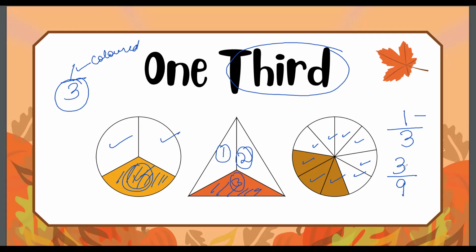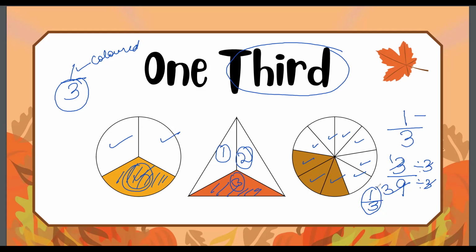You need to understand the concept of simplification: if we have numbers which can be divided, just like in the times table of 3 you get 9 as well, you can divide both numbers by the same number in order to get 1/3. So 3 times 1 is 3 and 3 times 3 is 9. Look, you got 1/3 in this question also.